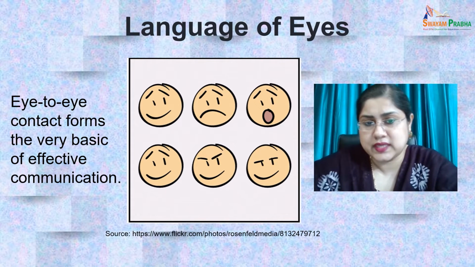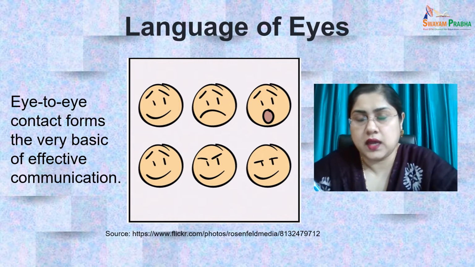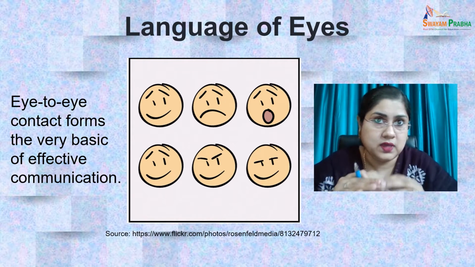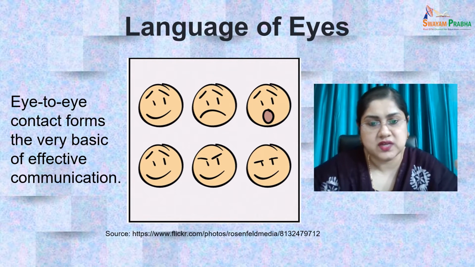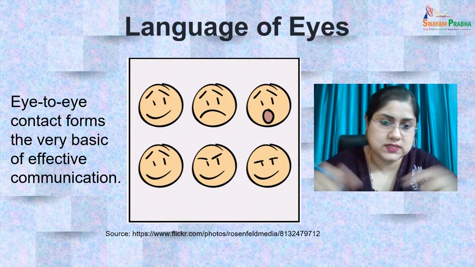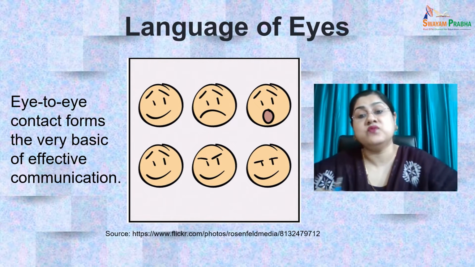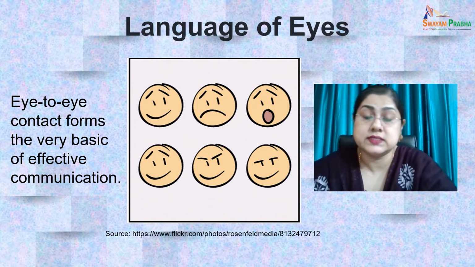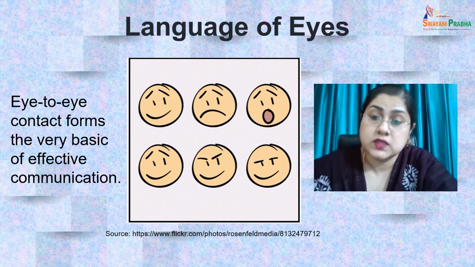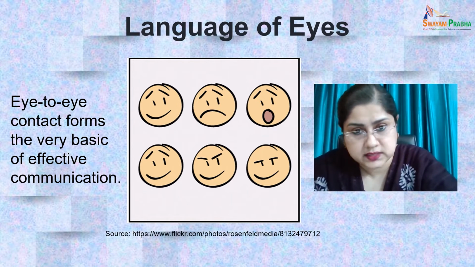Somehow we can also generalize that if we are making our eyes smaller or widened, they all have some sort of meanings which are universal for all the cultures around the world. So the language of the eye movements is so universal and familiar that it is very easy and simple to decode the feelings, thoughts, and intentions which are being conveyed by the communicator.